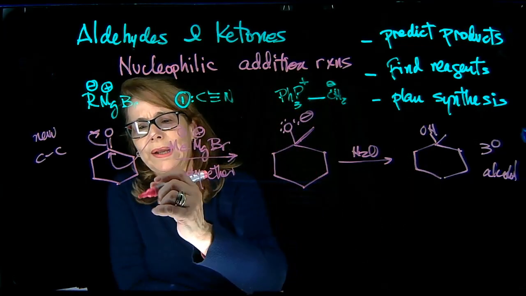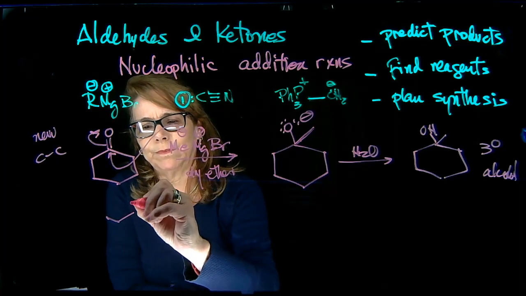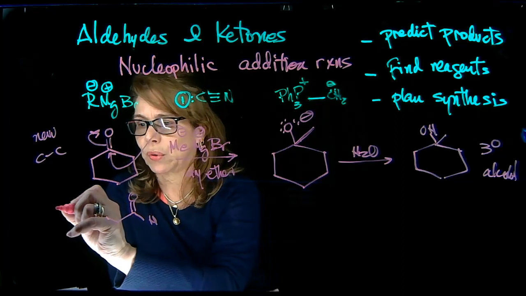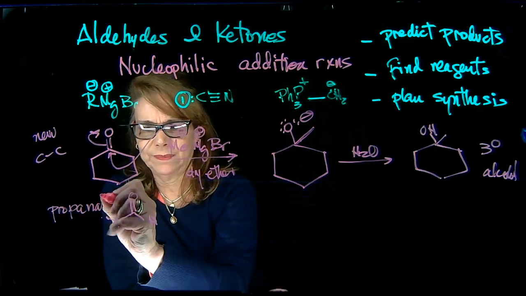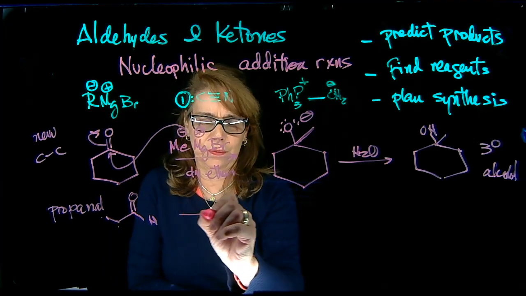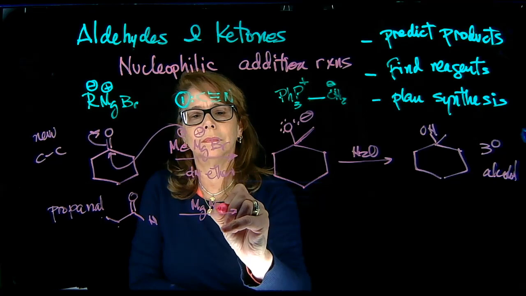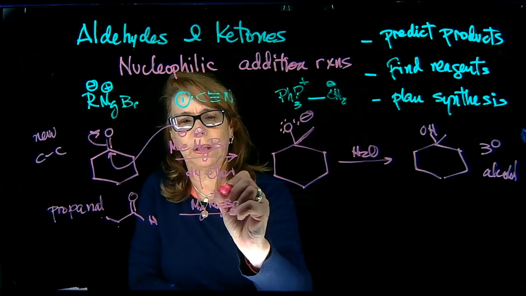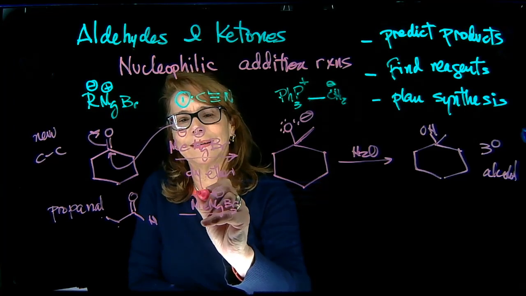I'm going to do an aldehyde now. Say that I have this, 1, 2, 3, propanol. Propanal. And same, say that I use methyl magnesium bromide. And that is a methyl negative, right?